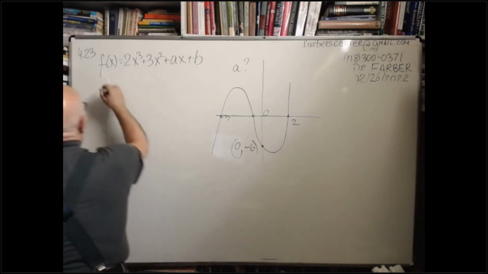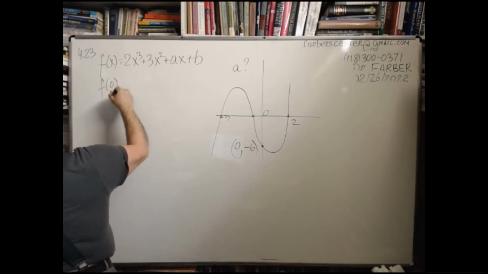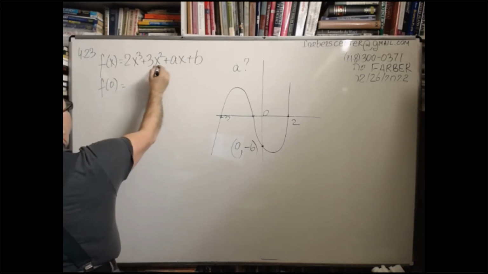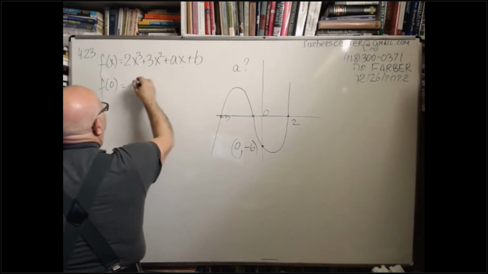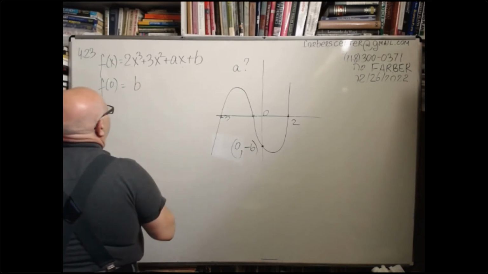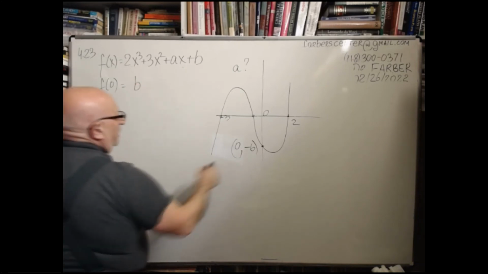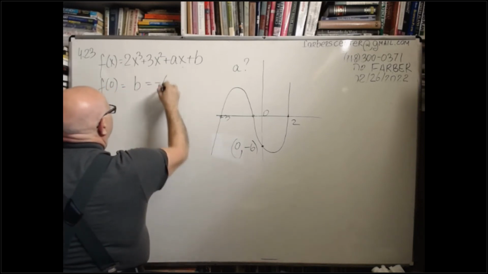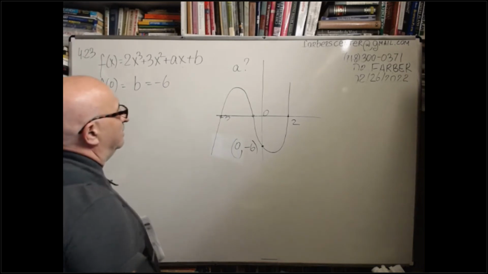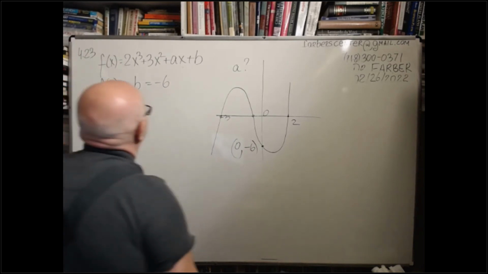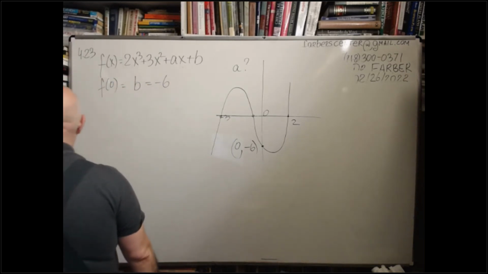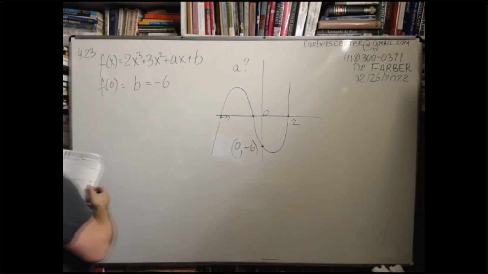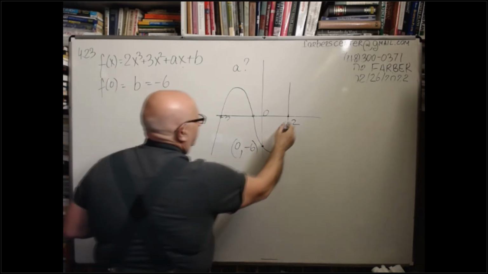If I plug in, f of 0 equals 0, 0, 0, I get b. And this equals -6. So b equals -6, I found instantly. But my target is not b. My target is a. I have another point which is given, for instance, this one.